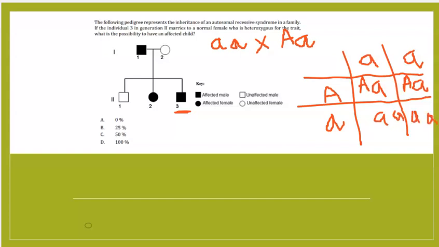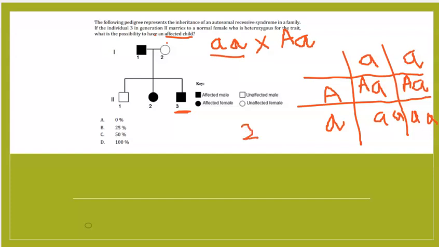Now look, this is the genotype for the offspring. These two are heterozygous, so if it's autosomal recessive, they will not have the disease. We know they have to be having this. They said an affected child, so they are looking for small a, small a. How many small a, small a? 2 out of 4.